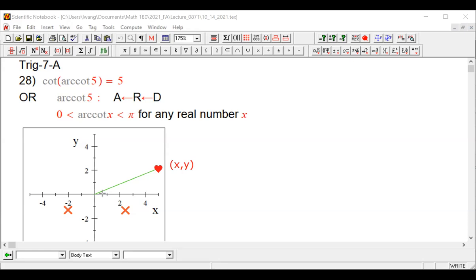This is x. The red and the blue refer to the unit circle, don't they?